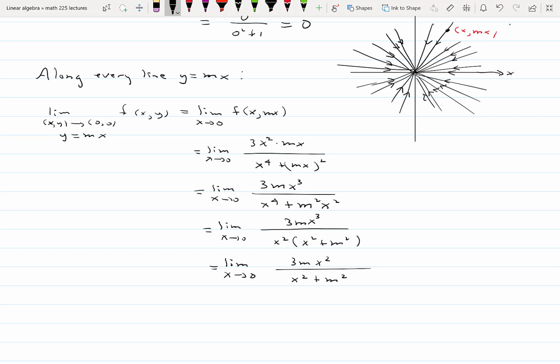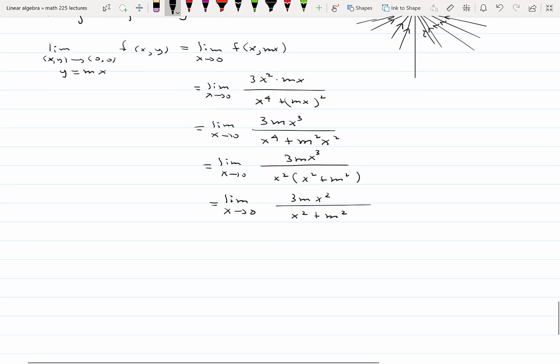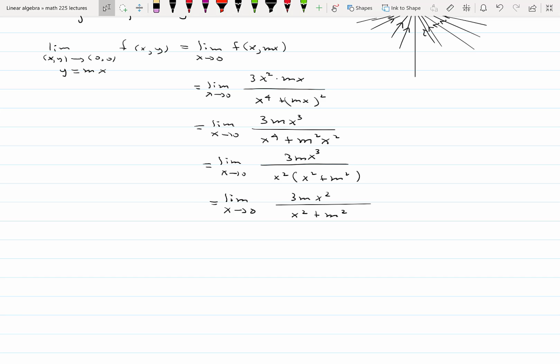We're getting down to the end of this particular path. So as x approaches 0, what does 3 times m times x approach? It approaches 0, over 0 squared plus m squared, or 0. It looks like this limit should have a value of 0.